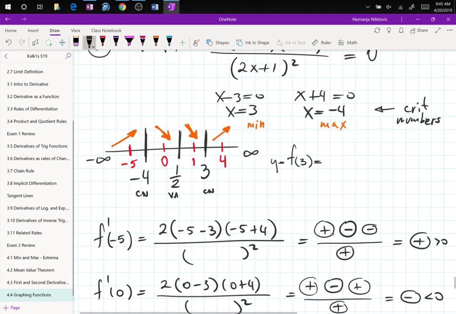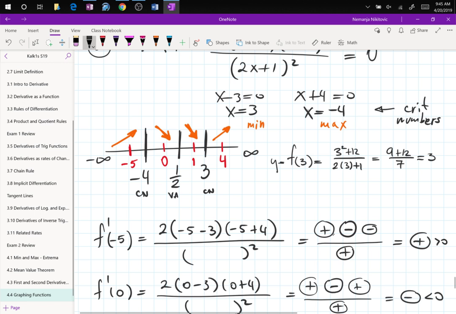Plug 3 in original problem. That's going to be 3 squared plus 12 divided by 2 times 3 plus 1. 9 plus 12 divided by 7. So that's 21 divided by 7 is 3.